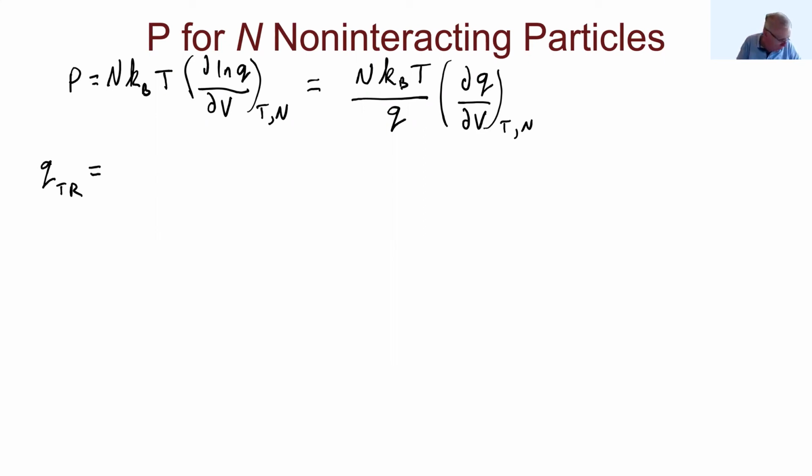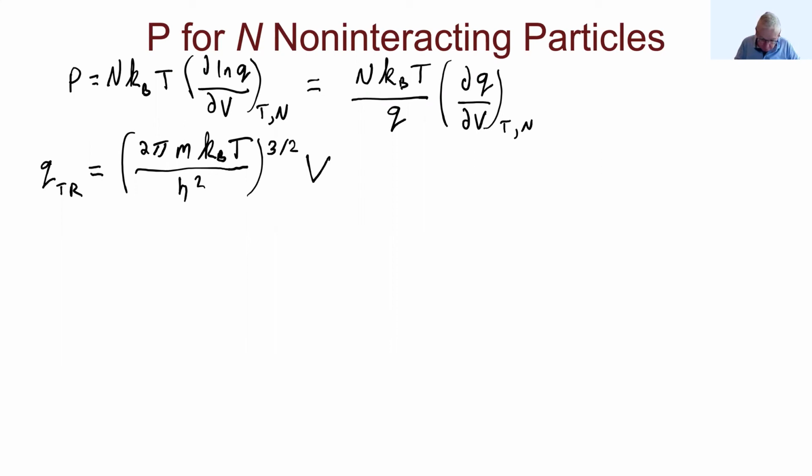And so if I do that, my expression says I get (2 pi m kT over h squared) all to the 3/2 power, and that's all multiplied by V, right? So the derivative that I want, my derivative of Q with respect to V, is just equal to the constants in front of that, right?